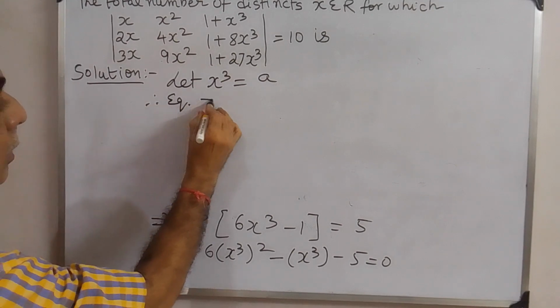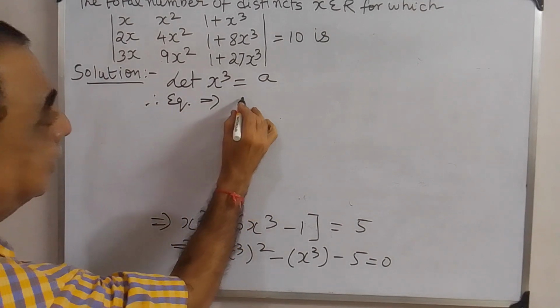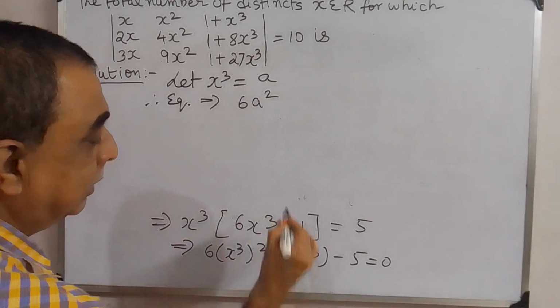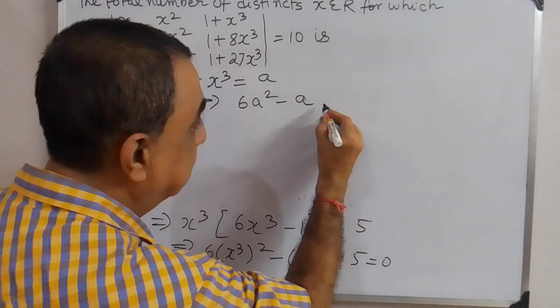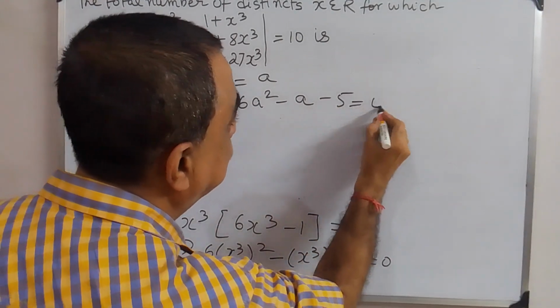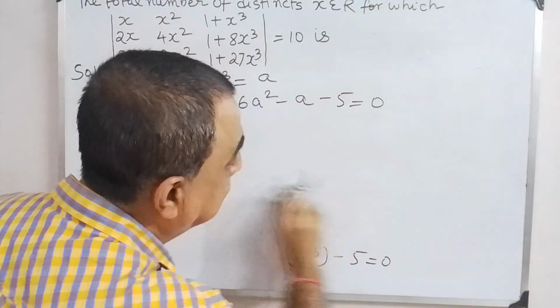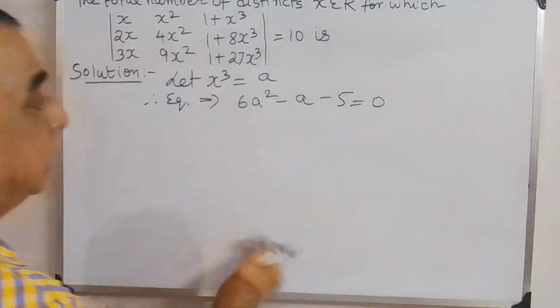The equation will change into 6A squared minus A minus 5 equals 0. This has changed into a quadratic equation.